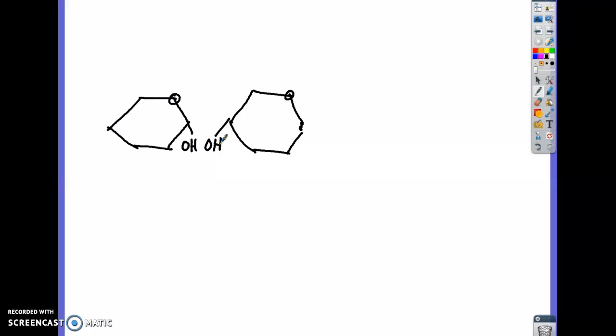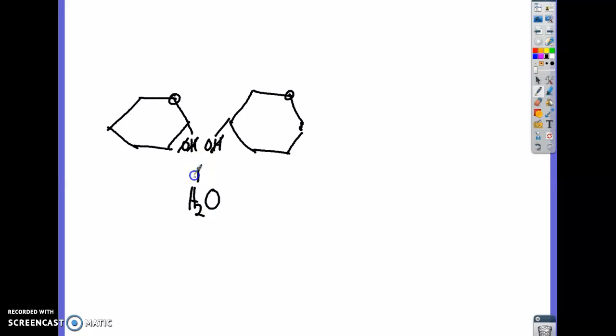Now, if glucose floats around our body, it gets used up for sugar and energy and burned real quick. So we need some way to hold on to it so we don't have to eat all the time, non-stop. So what our body does is it takes water away from this to hook it together. So here's what happens. The water takes a hydrogen and an oxygen, and it takes another hydrogen. So you have two hydrogens and one oxygen, and what does that make?